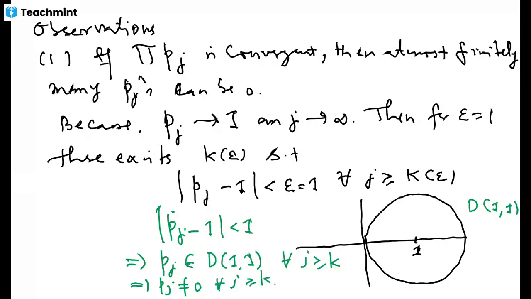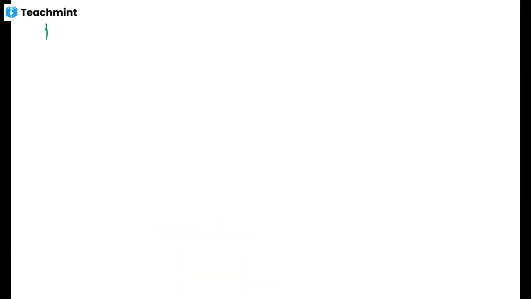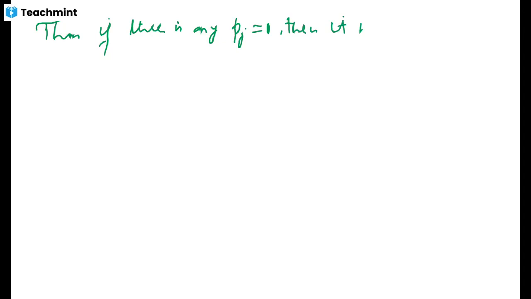So if there is any Pj equal to 0, then it must be from P1, P2, and so on up to P(k minus 1), and these are finitely many.